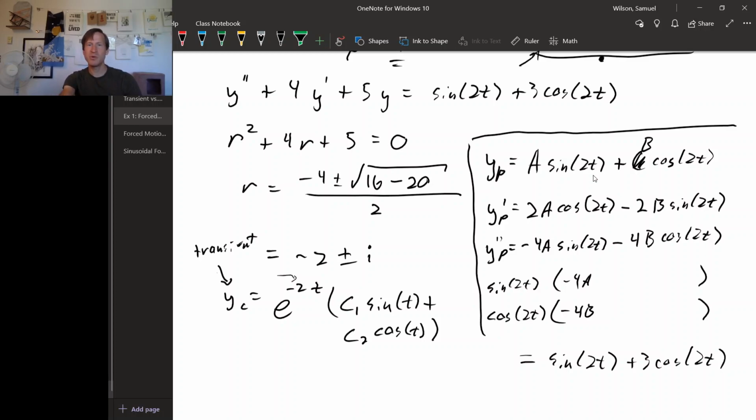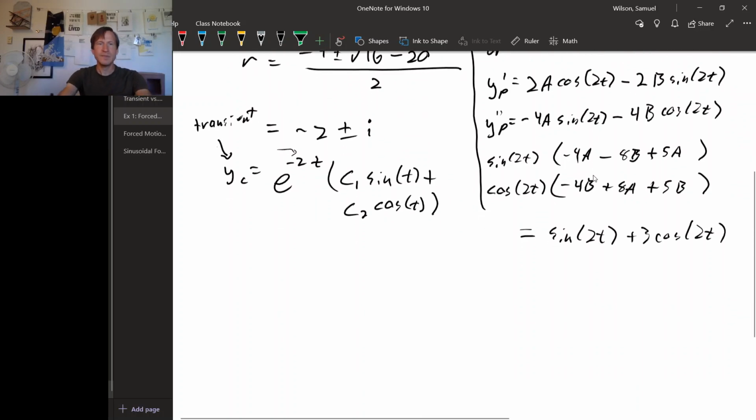For y prime, we have to multiply by 4, so when we multiply y sub p prime by 4, for cosine, it contributes an 8a, and for sine, it contributes a minus 8b. And then for y, we have to multiply it by 5, so for sine, that contributes a 5a, and for cosine, it contributes a 5b.